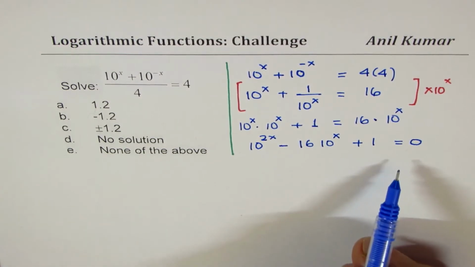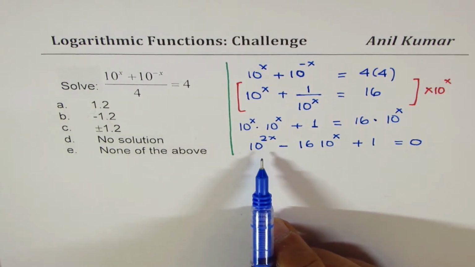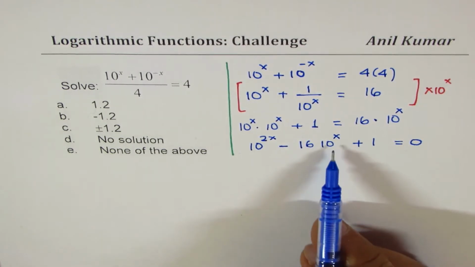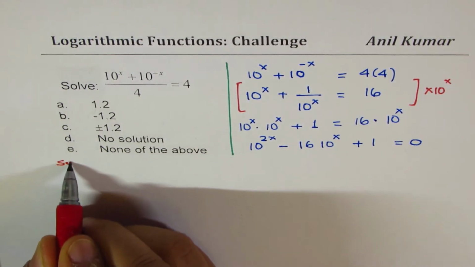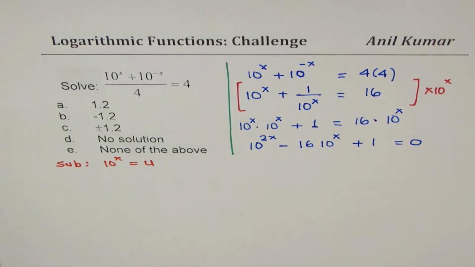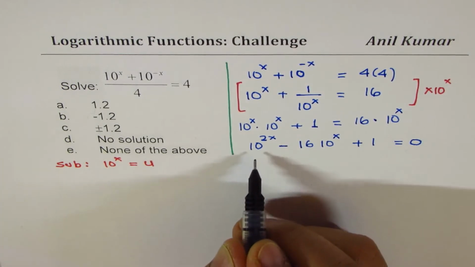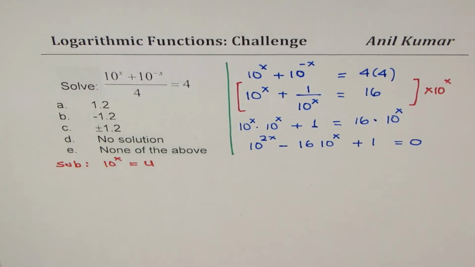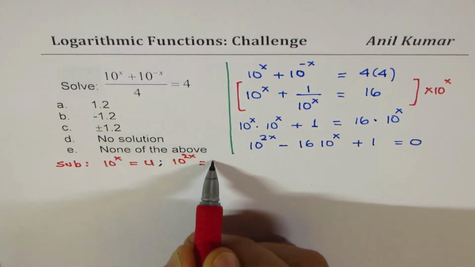So what you notice here is a quadratic equation if we make a substitution: 10 to the power of x is, let's say, u. Then I could write 10 to the power of 2x as u square, since squaring gives us u square.